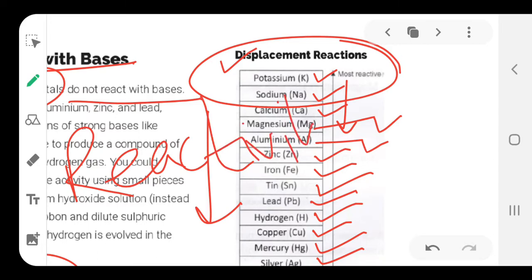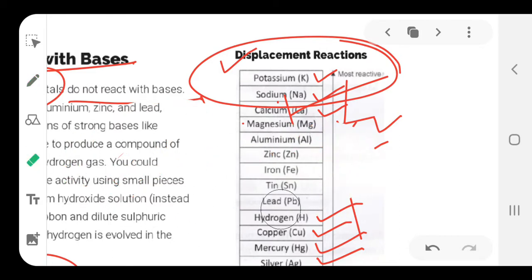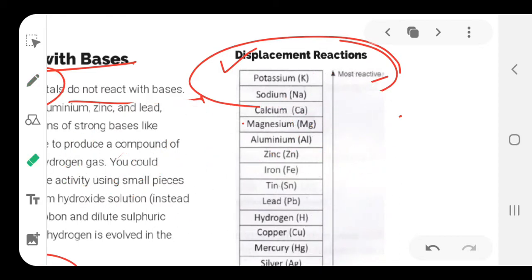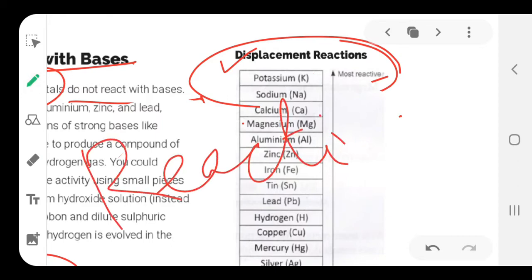Write it down. Reactivity series we call it, in which the most reactive metal is placed on the top and the least is placed at the bottom.